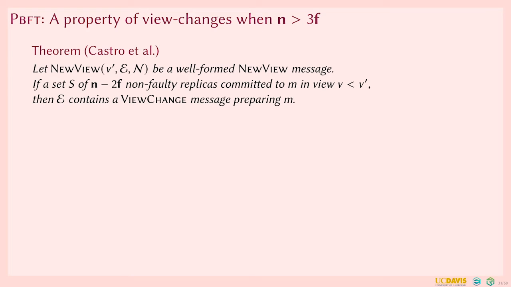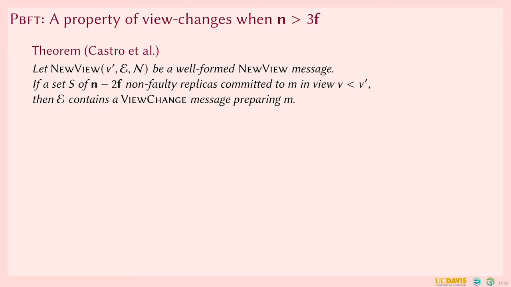Of course, this is all fine and dandy, but for PBFT to really work, we need a guarantee on this view change process. Namely, we need a guarantee that if a replica executes a transaction and informs a client, and the client learns of this, then this kind of proposals always need to be maintained.